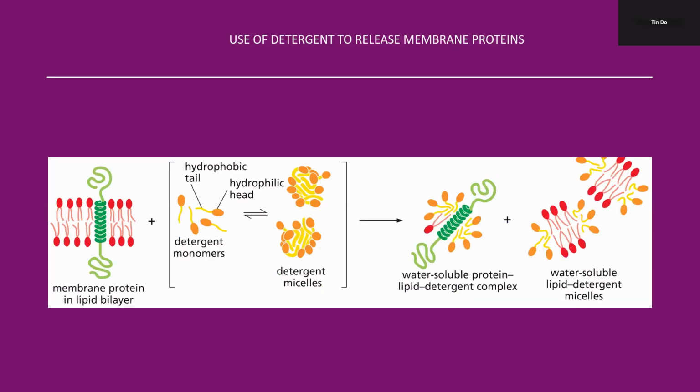Now, in terms of detergents, all I really want you guys to know is that detergents are amphiphilic molecules. They are monomeric, but they can form complex structures like micelles.